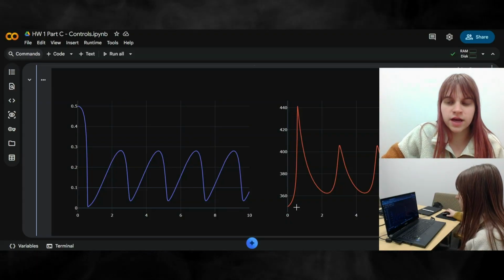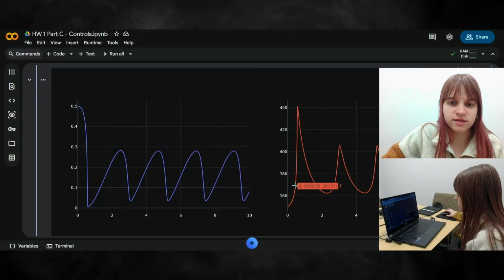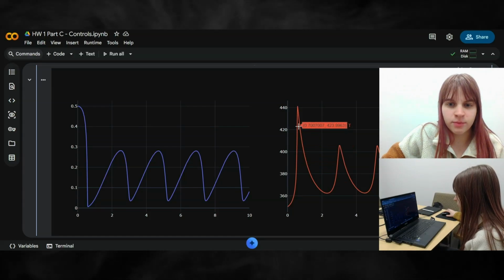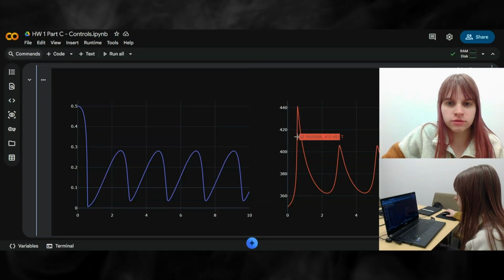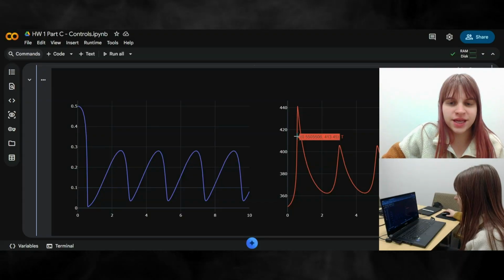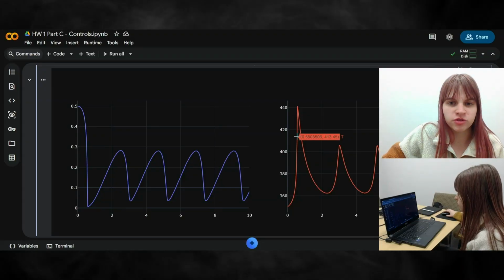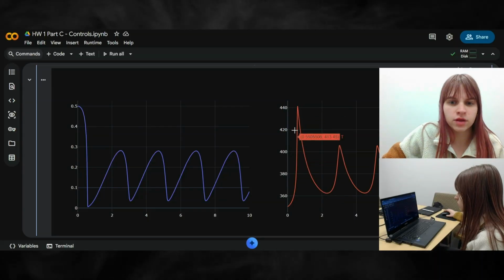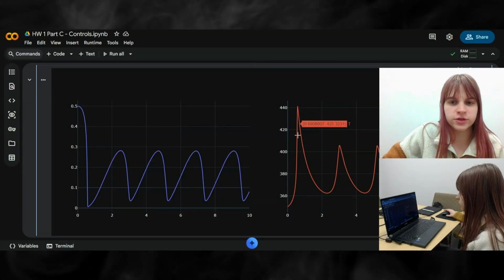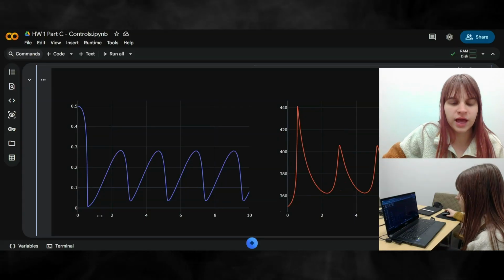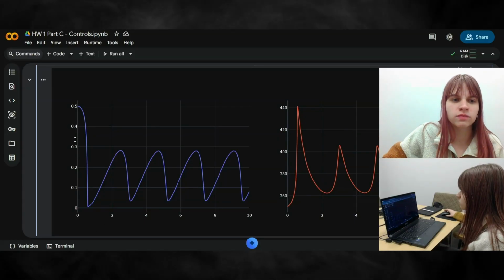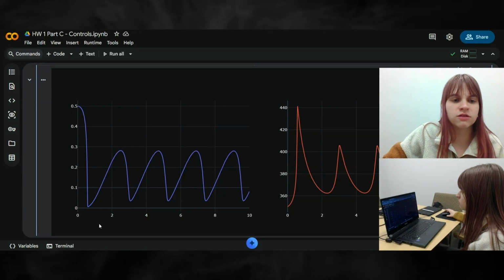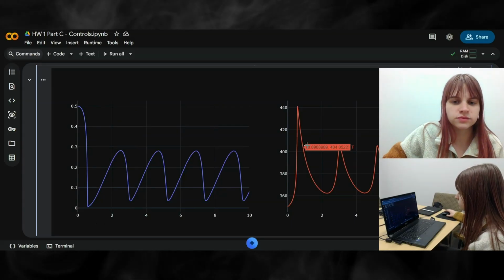So let's look at what happens to the temperature at 0.6 seconds. At 0.6 seconds, we are reaching our peak temperature, which makes sense. As the temperature increases, our reaction rate is also increasing. As the reaction rate increases, the concentration of A decreases because it is being consumed by the reaction.